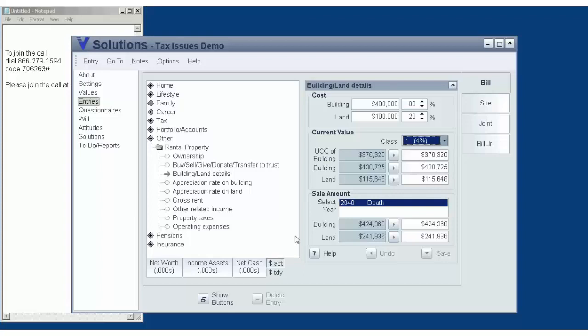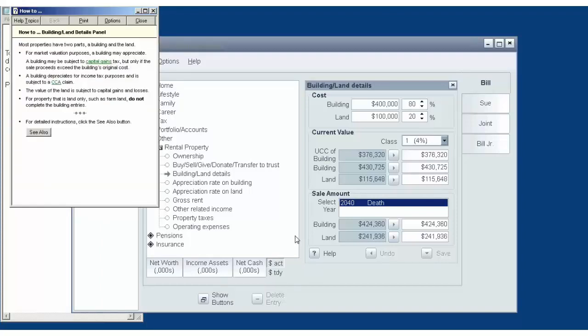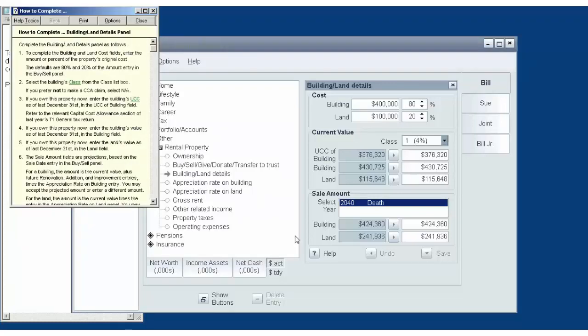Now, when it comes to all of these rental property factors, all you need to do is click the Help button, and it provides how-to help for this specific panel, gives you a general overview, and then also gives you the step-by-step instructions. And I wanted you to notice these jump topics, and if you click on them, they bring up all the rules and regulations.